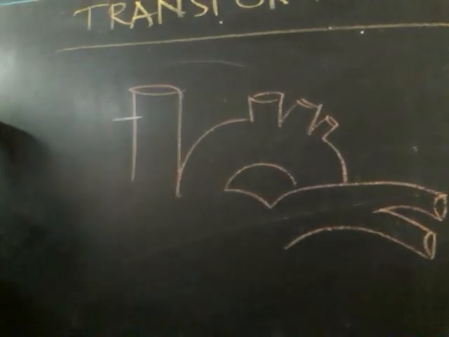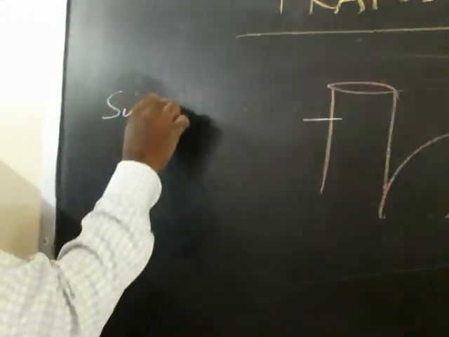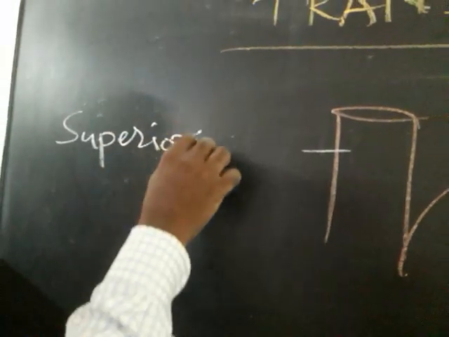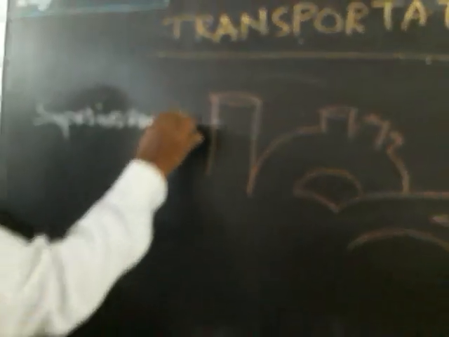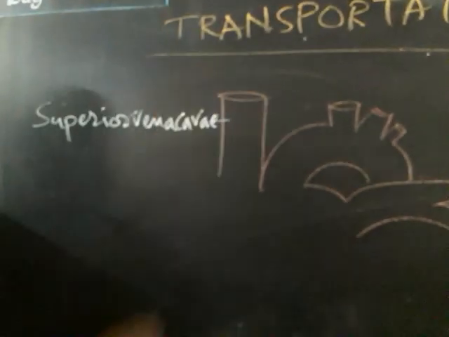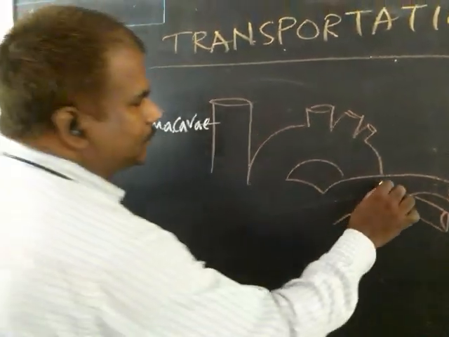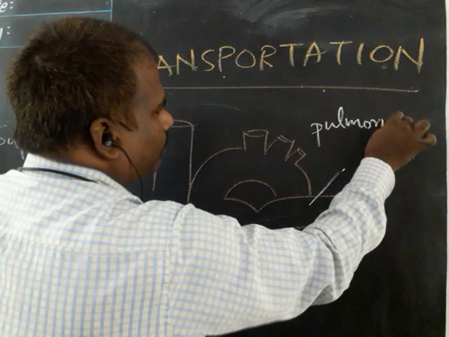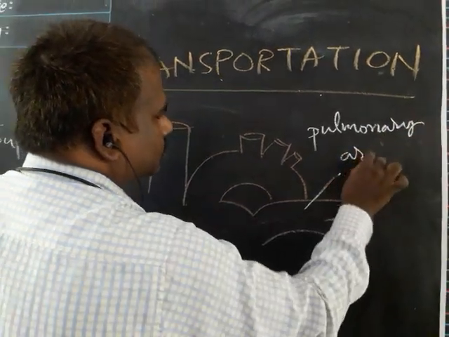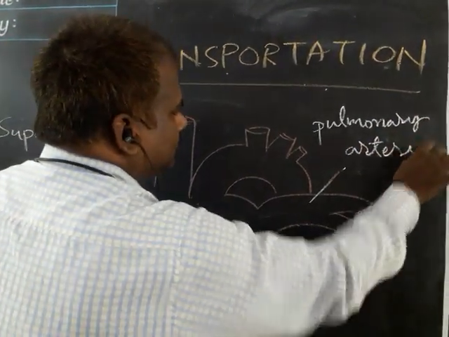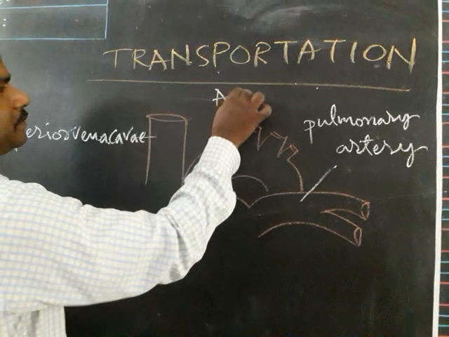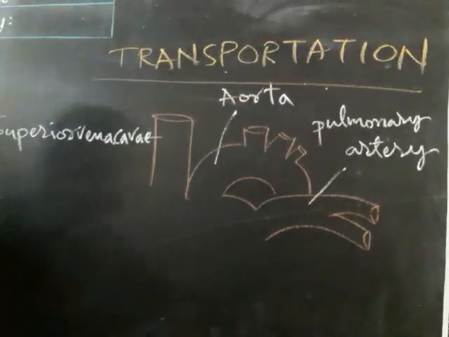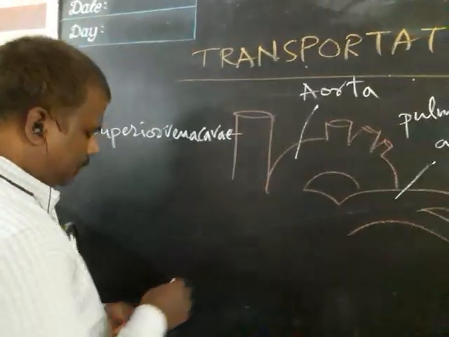You can write here: superior vena cava, this one is the pulmonary artery, and this is the aorta.